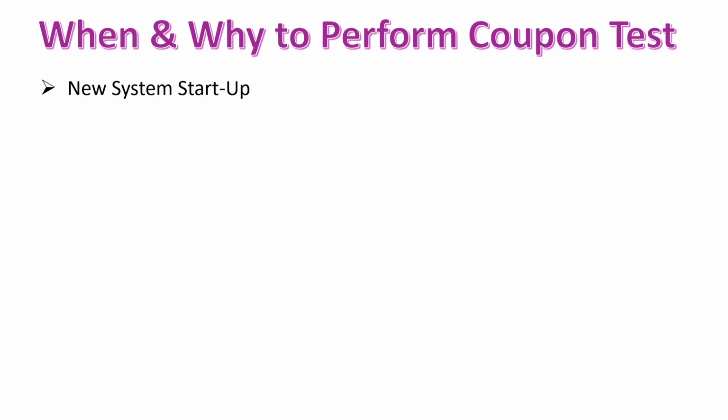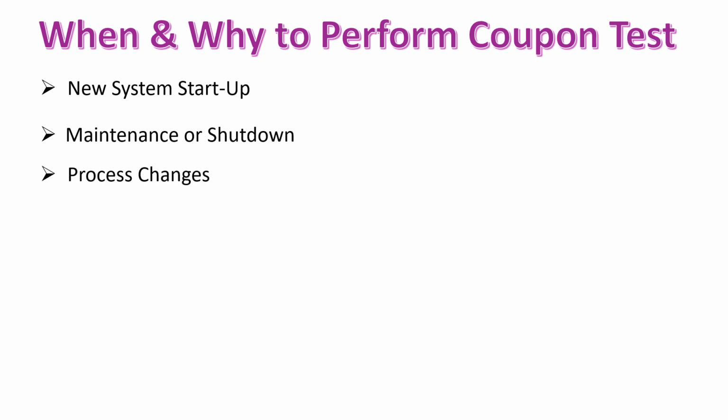Whenever we are going to start up a new system, or install a new system, or commission a new process, corrosion coupons may be used to monitor the rate of corrosion and ensure that it is operating as expected. Then second is maintenance or shutdown.